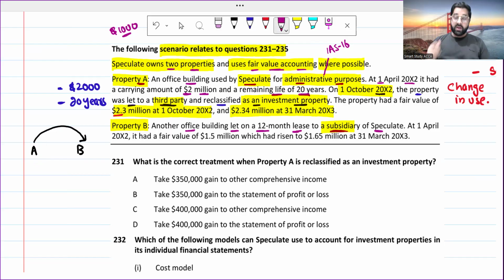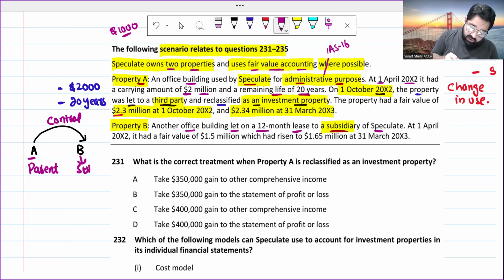So A company will be called the parent company and B company will be the subsidiary company, right? The investor company is called the parent company and the investee company is called the subsidiary company.